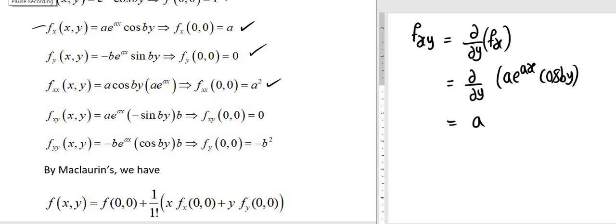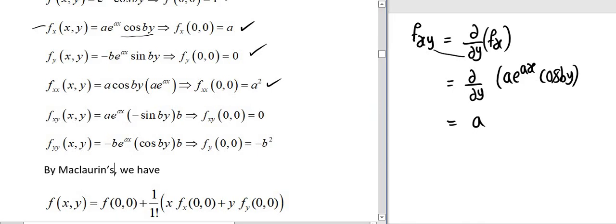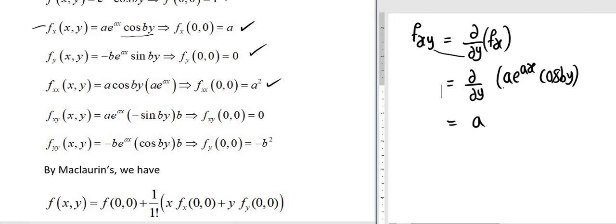Next we are going to find out f_xy. F_xy means dou by dou y of f_x. Dou by dou y of f_x, whose value is a into e power ax into cos by. A is constant, x is constant. That's why e power ax is constant. Remaining one is cos by.